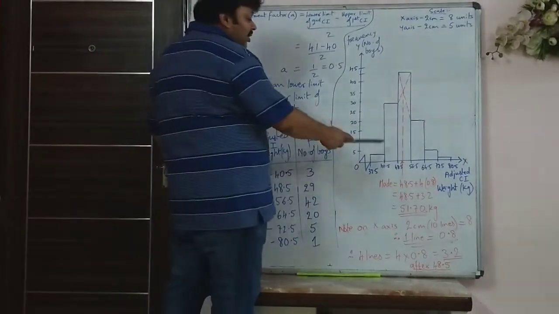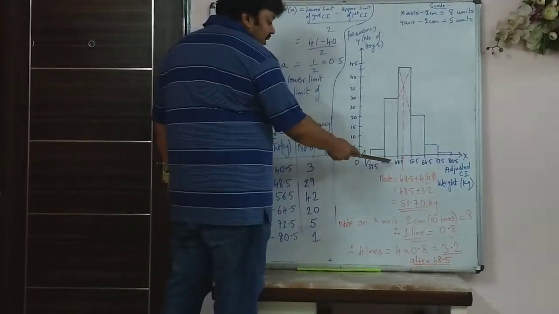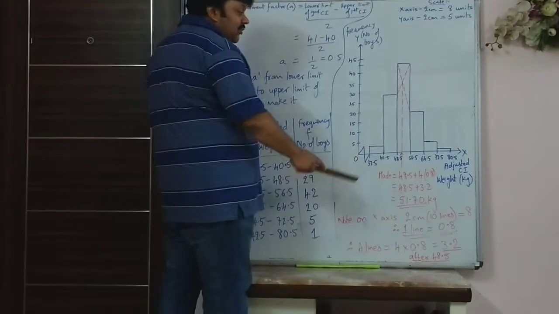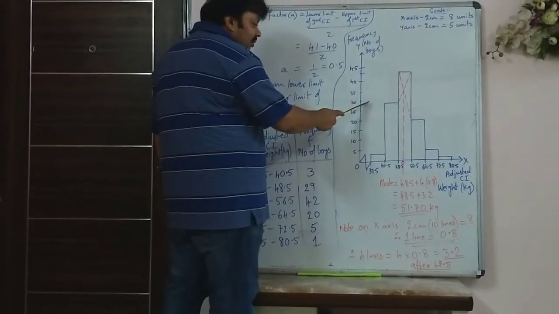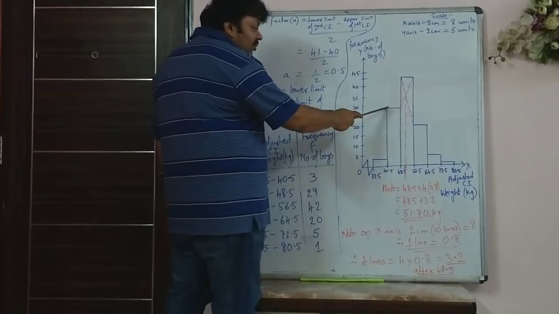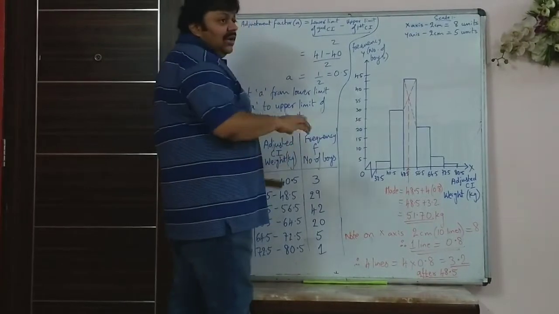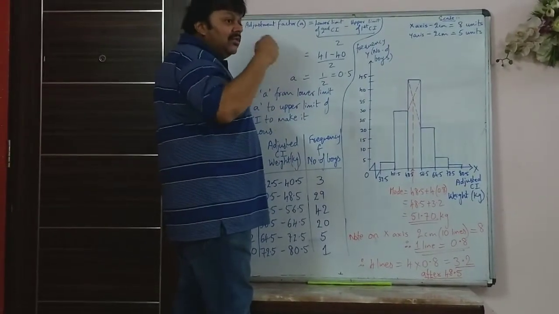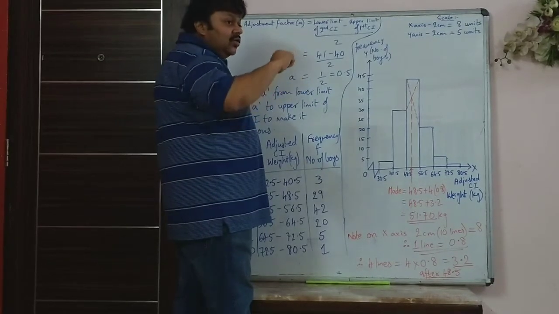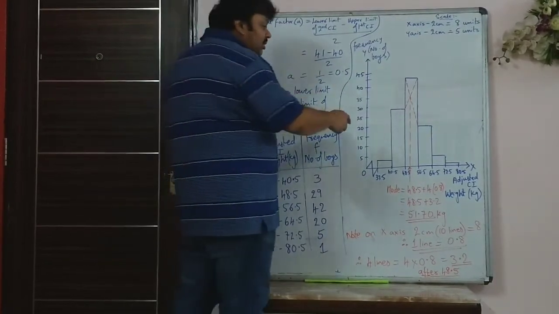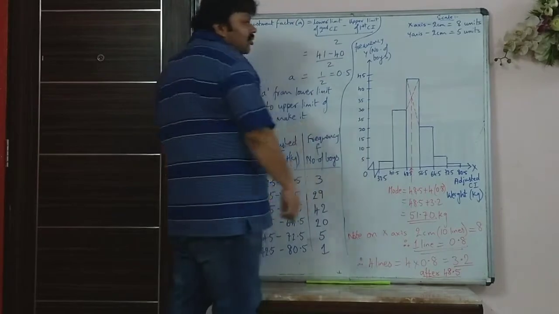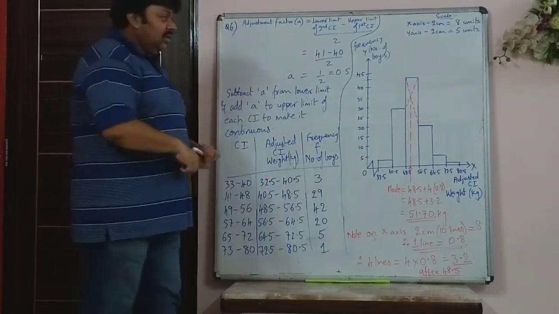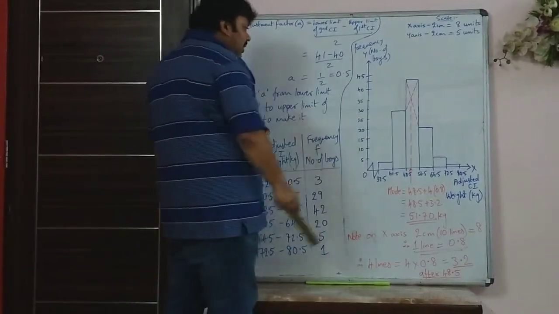29, where will it come in this class, 40.5 to 48.5? 29 will be 2 lines below 30. Why 2 lines below 30? 1 line below 30 would have been 29.5, and 2 small lines below 30 will give you 29.